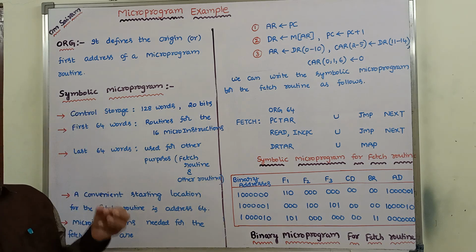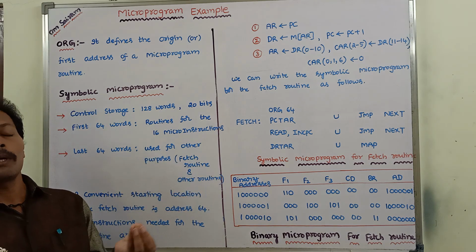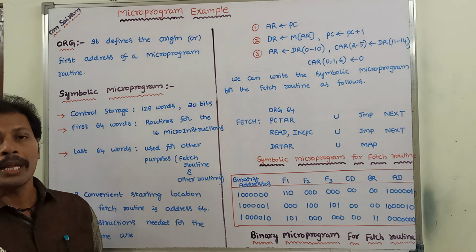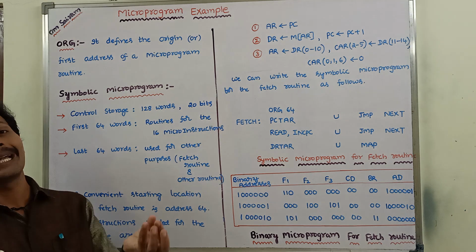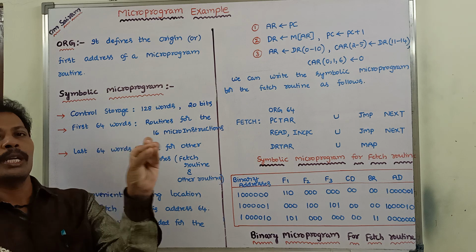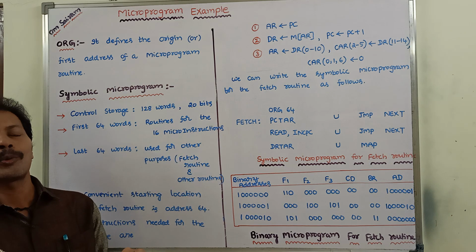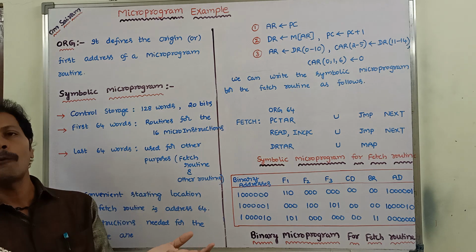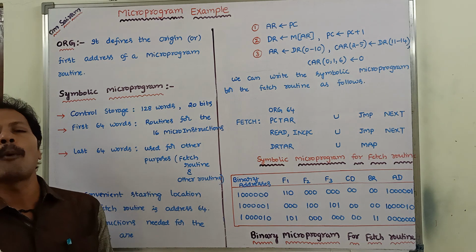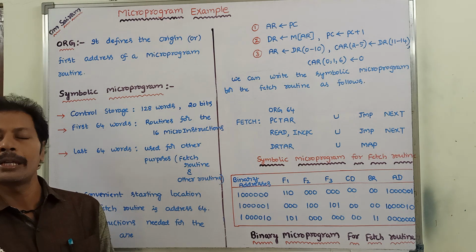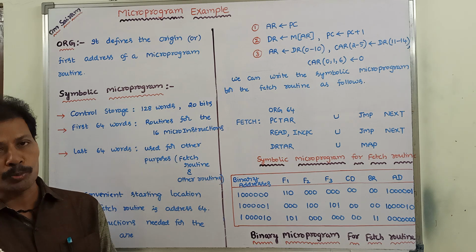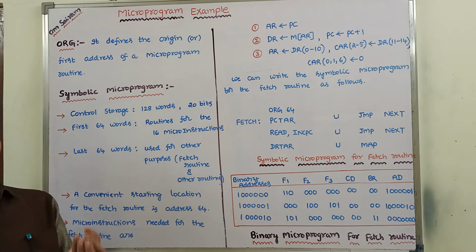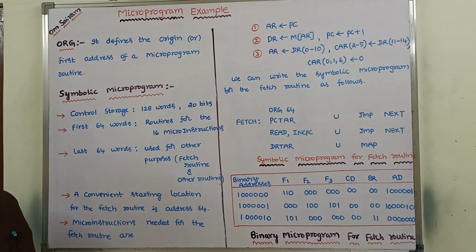Previously we already saw the symbolic microinstruction and its fields. Once we know the symbolic microinstruction and its fields, then we have to translate the symbolic microinstruction into a symbolic microprogram. How can it be translated?